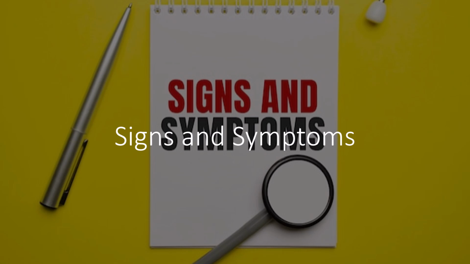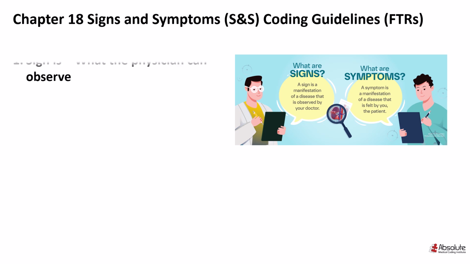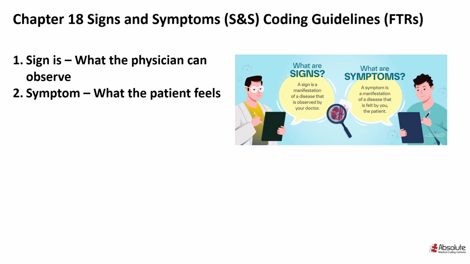So these are signs and symptoms that do not have a confirmed diagnosis. Let's talk about some key FTRs you should be aware of when coding for Chapter 18. Number one, coders, did you know that a sign is what the physician can observe? Think of a stop sign. Number two, a symptom is what the patient feels.